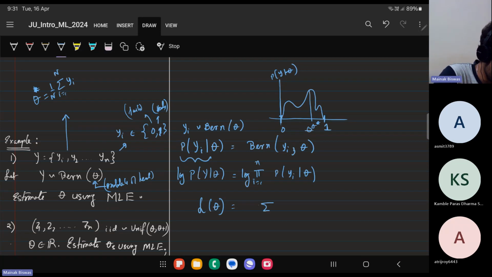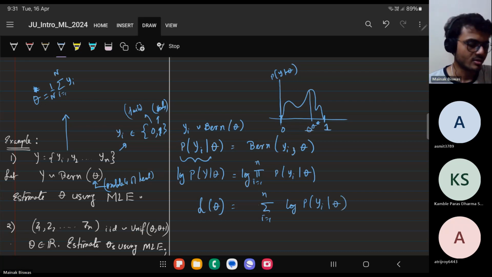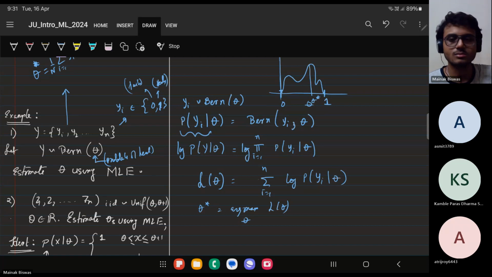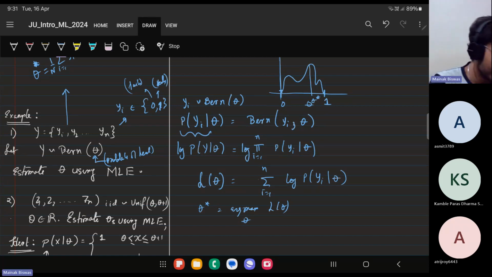Let us write it: summation i equal to 1 to n of log of P of yi given theta. Is this okay? And you want to get theta star as argmax of L theta, right? You want to maximize that? That's the objective.